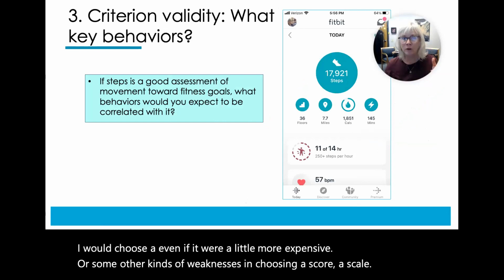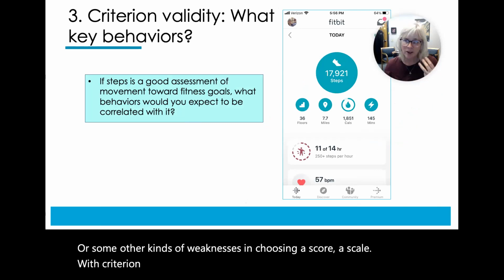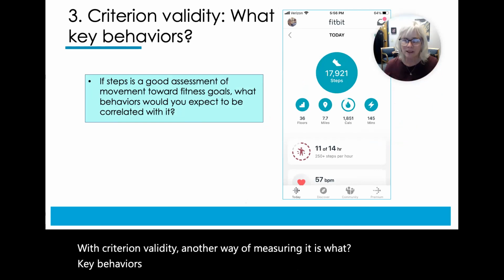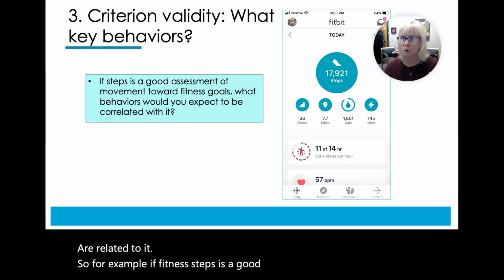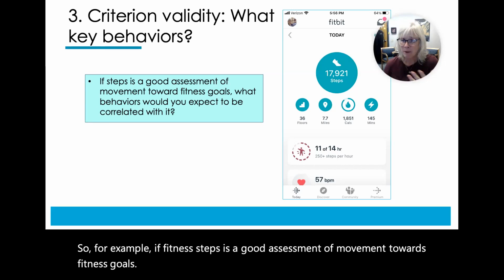With criterion validity, another way of measuring it is what key behaviors are predicted by or related to it. So for example, if fitness steps is a good assessment of movement towards fitness goals, what would you expect it to be correlated with?